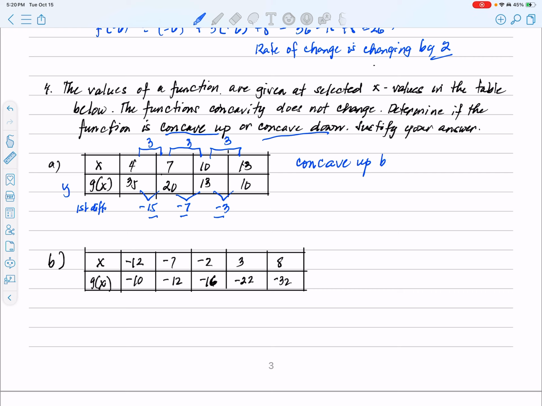Okay? Give you a reason, because the rate of change, I'm just looking at the first difference. The rate of change is increasing over the equal, it says here, equal length.